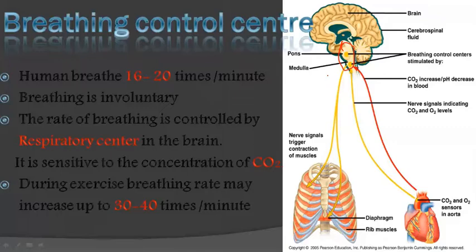We breathe very fast. Why is this so? Because when we do exercise, all the cells in our body do respiration, use oxygen and produce carbon dioxide, and then carbon dioxide is released in the blood.